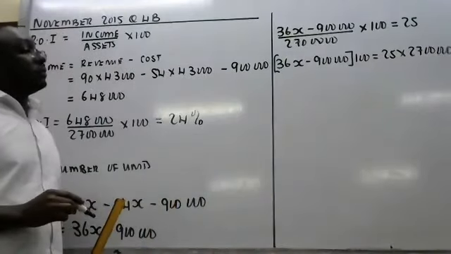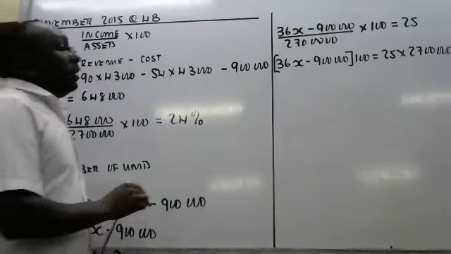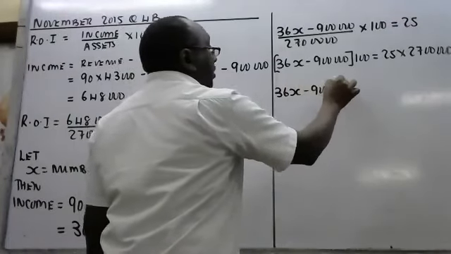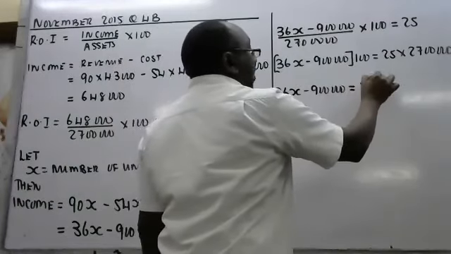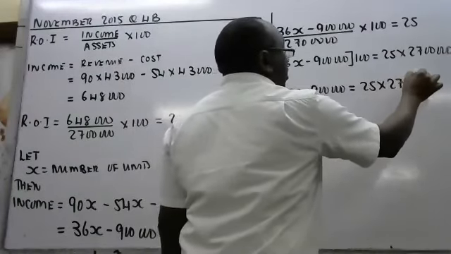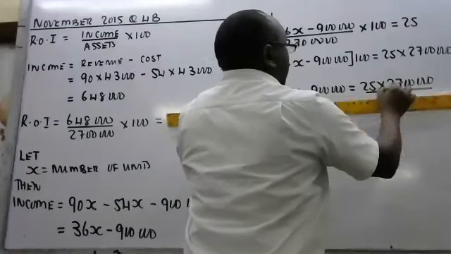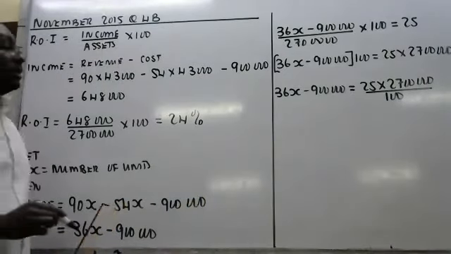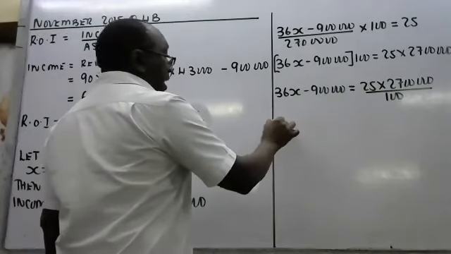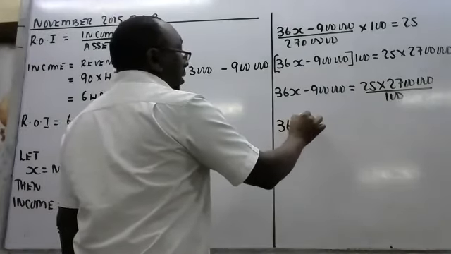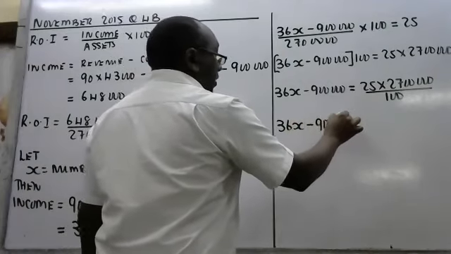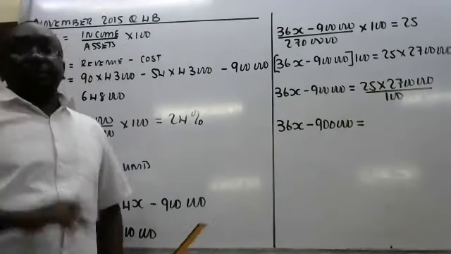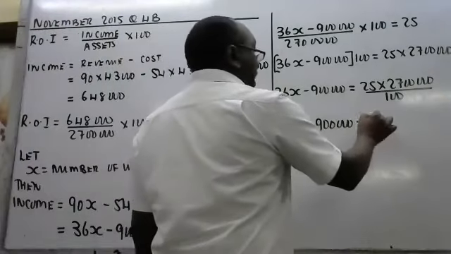So we continue and get that 36x minus 900,000 is equal to 25 times 2.7 million, which is divided by 100. Let me continue to say that 36x minus 900,000 equals, now give me this answer, 675,000.